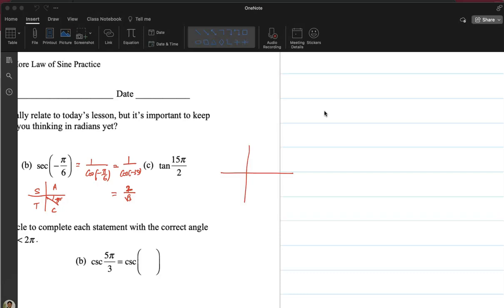This is 0, this is pi by 2, 2 pi by 2, 3 pi by 2, 4 pi by 2, 5 pi by 2, 6 pi by 2, 7, 8, 9, 10, 11, 12, 13, 14, 15. Which is the same as tan of 3 pi by 2, which would be 270.